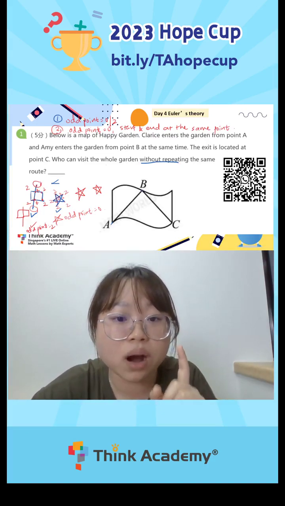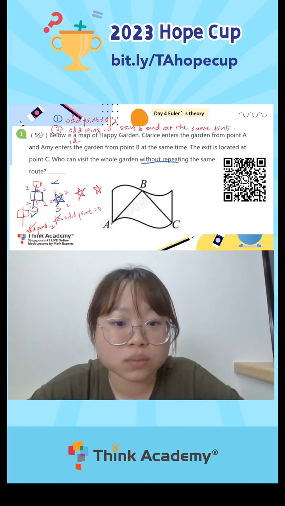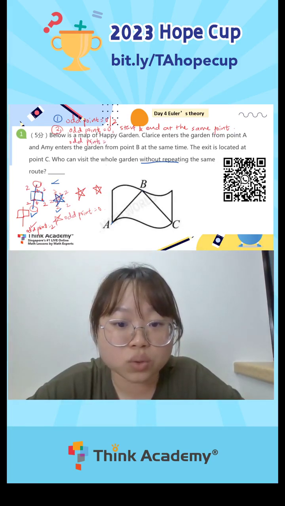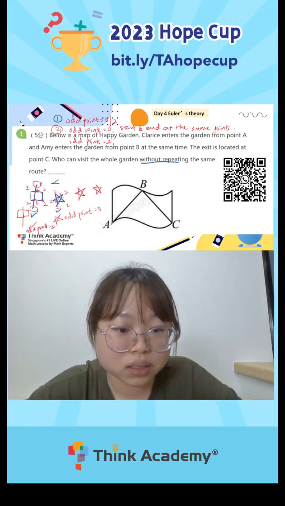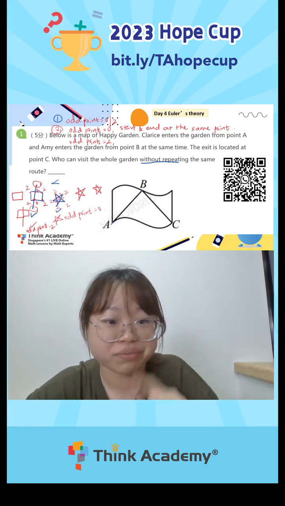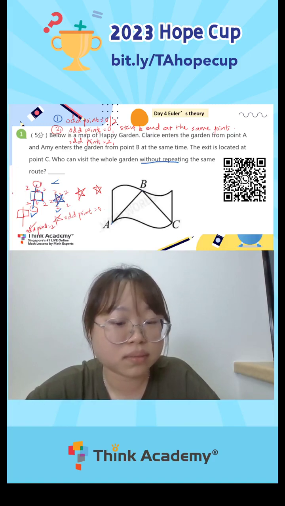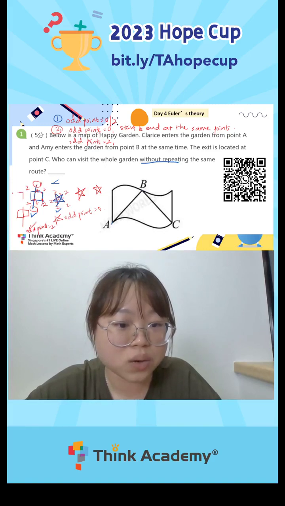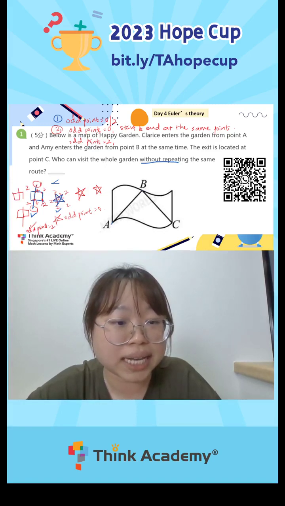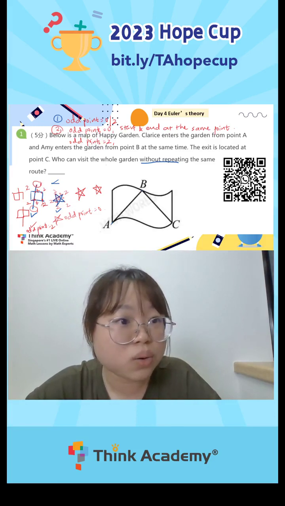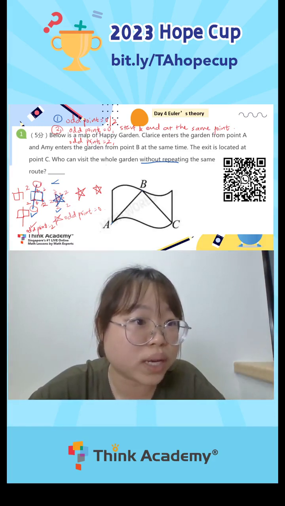What about when odd points equal 2? Let's try this diagram. Can I start from this point? If I start from this point, are you able to draw in one stroke? No. What about I start from this point? Here. Are you able to draw in one stroke? Again, no. But just now we said when odd points equal 2, we can draw in one stroke, right?